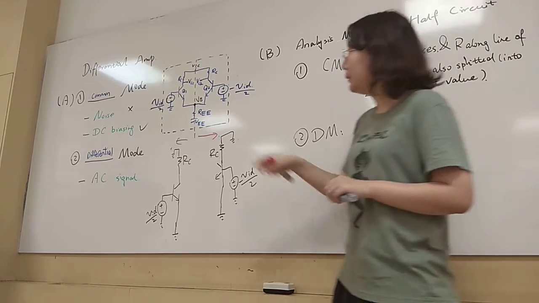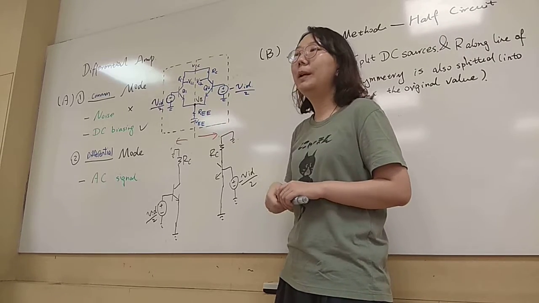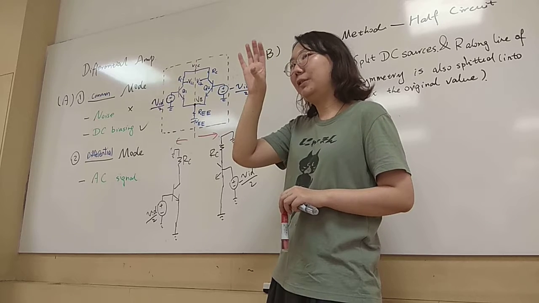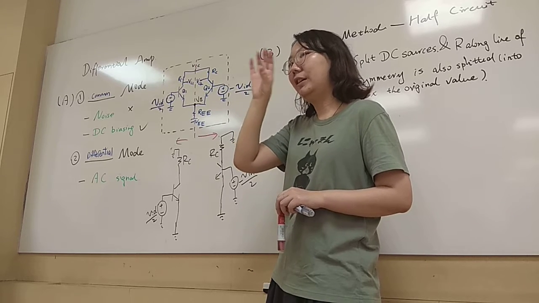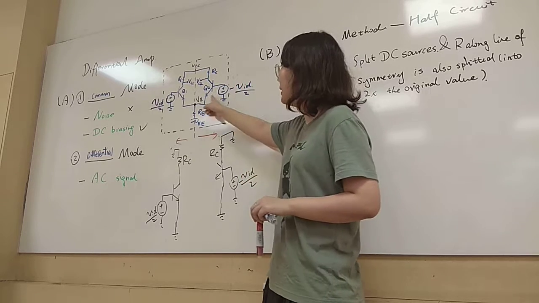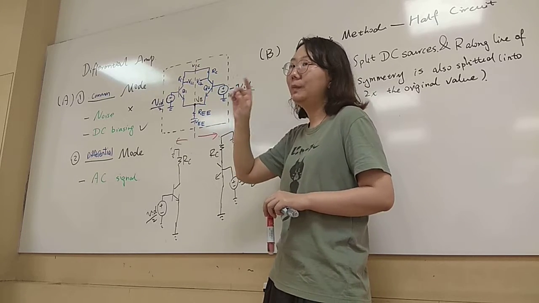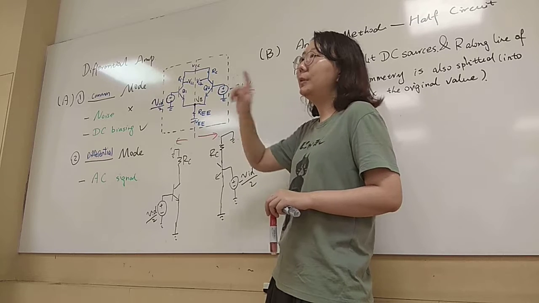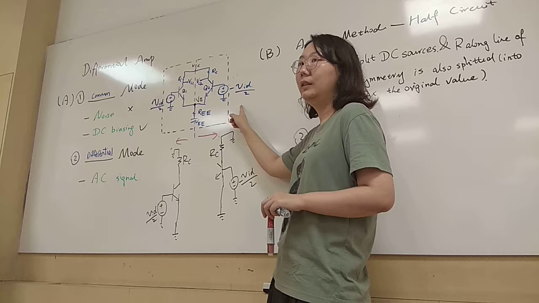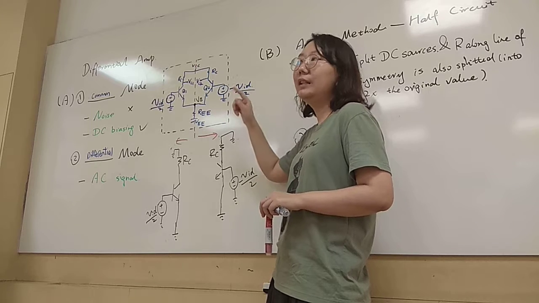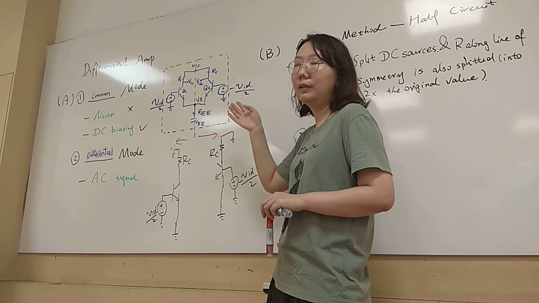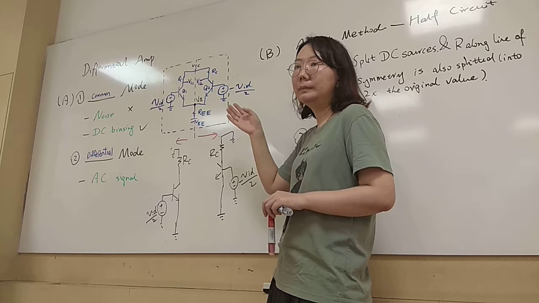If you replace this transistor by its hybrid pi model, there's a current source inside, and the direction of the current source is fixed. Then you change the hybrid pi model input to this negative number. You will realize that actually your IE is flowing into your emitter.